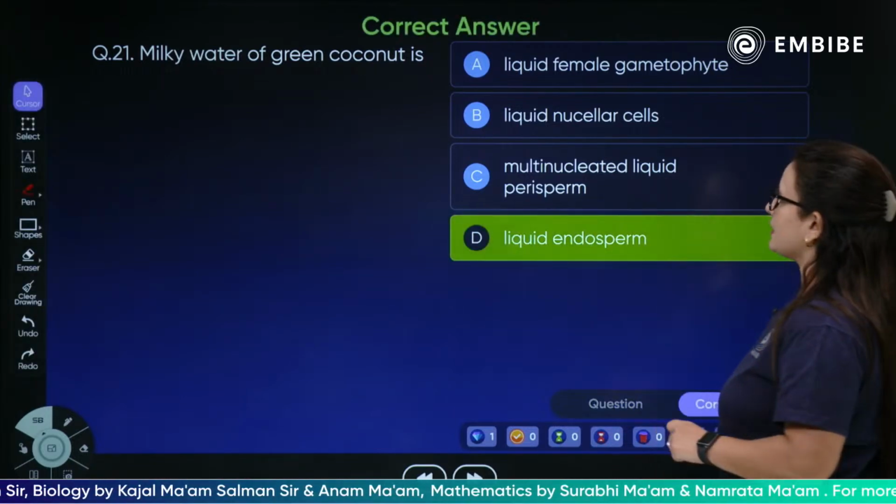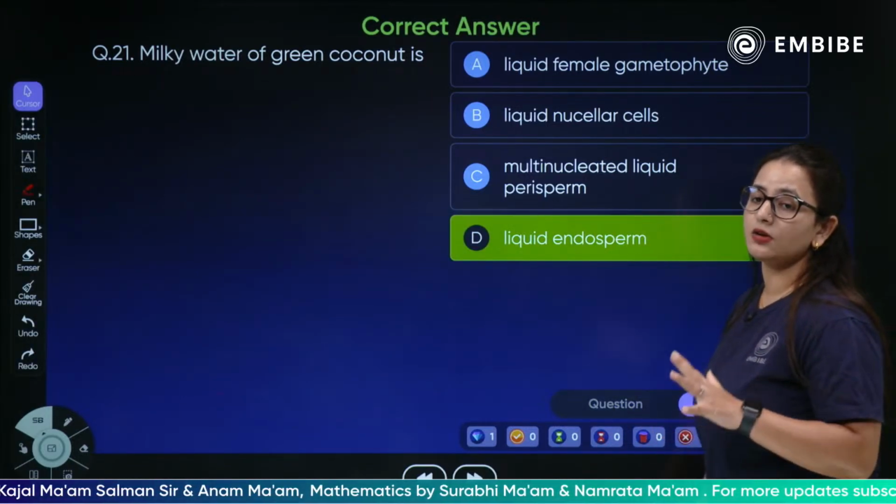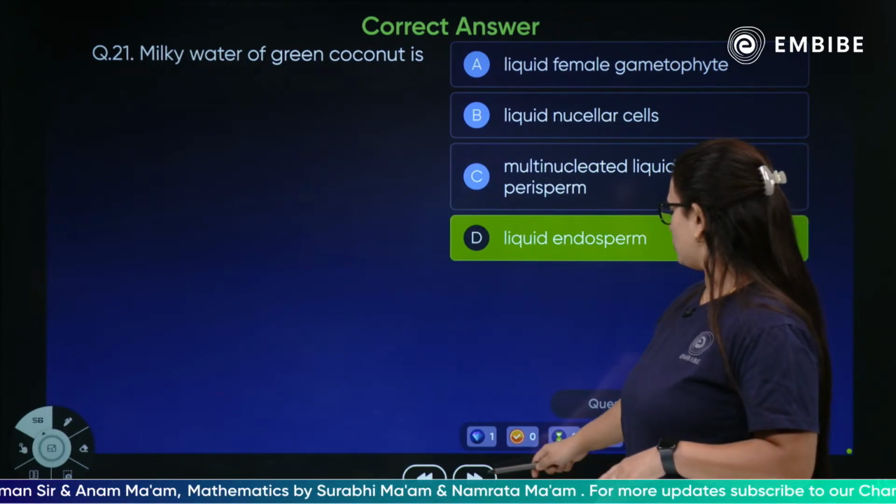The correct answer is the liquid endosperm. The milky water of green coconut is the liquid endosperm.